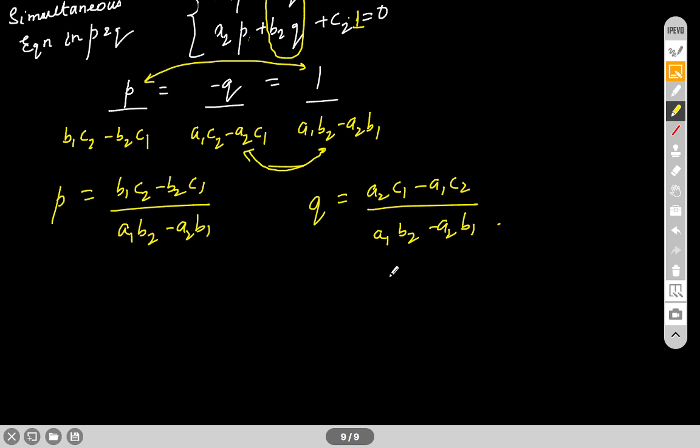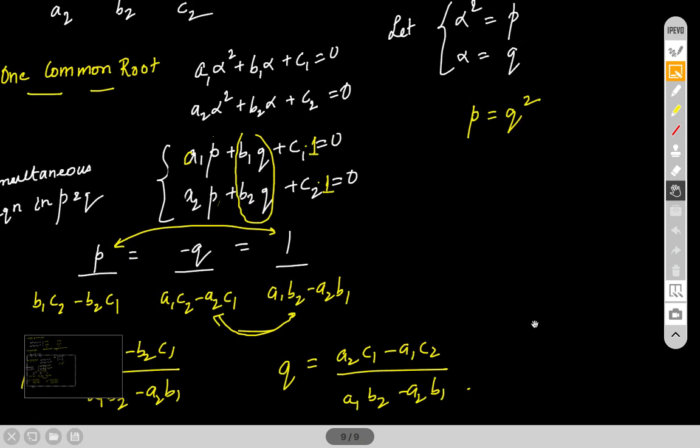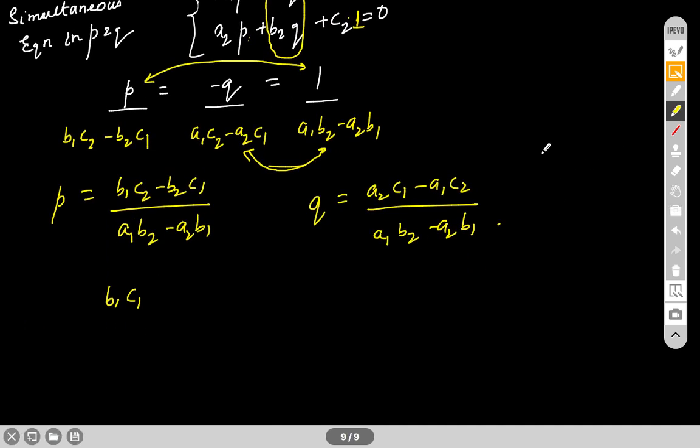So P is equal to Q square. So this is equal to Q square.